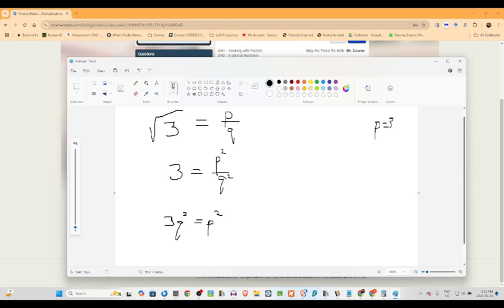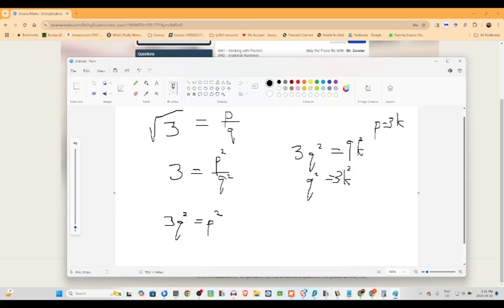So that means for some K, P is 3 times K. With that substitution, we can write 3Q squared is 3K all squared, or 9K squared. Divide both sides by 3. And now we have Q squared is 3K squared.